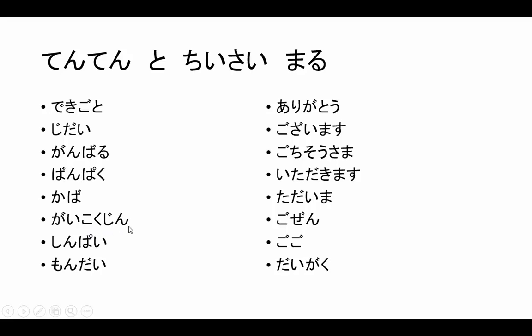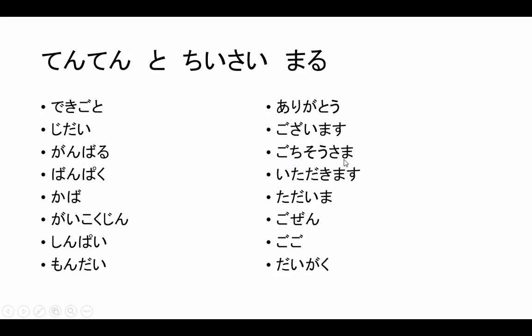Gaikokujin. Gaikokujin means foreign person, foreigner. So us when we're in Japan, right? Gaikokujin, right? Shinpai, worries. Mondai, problem. Arigato, right? Gozaimasu, right? Gochiso-sama.